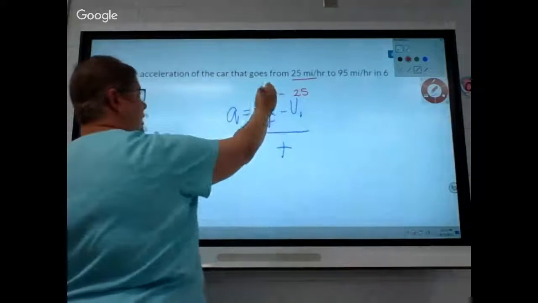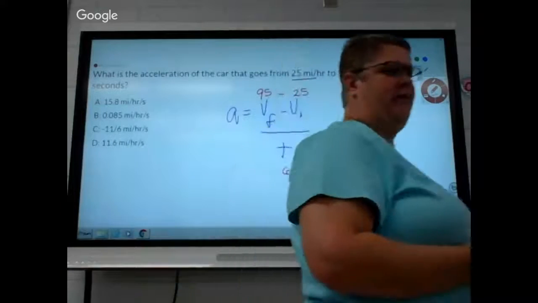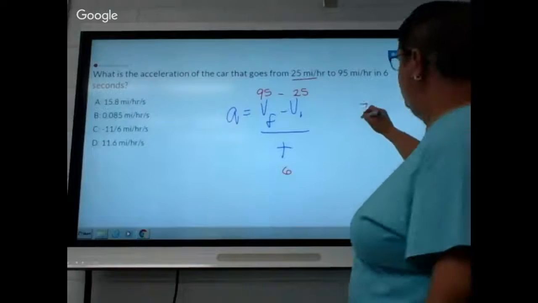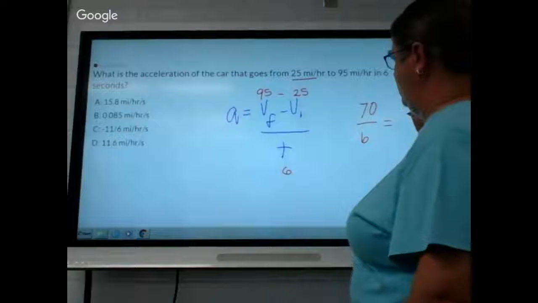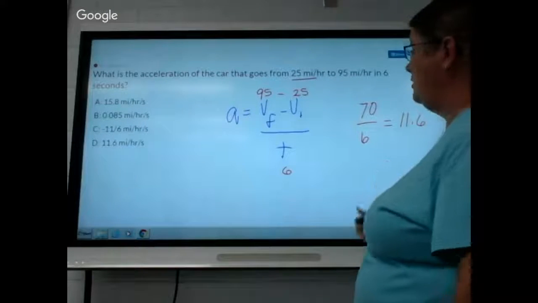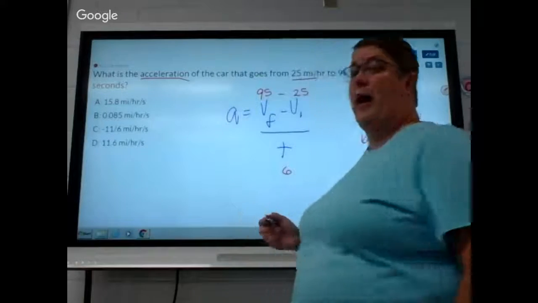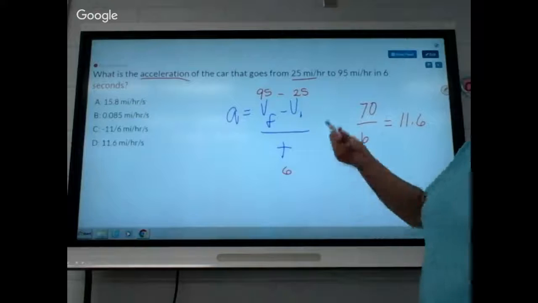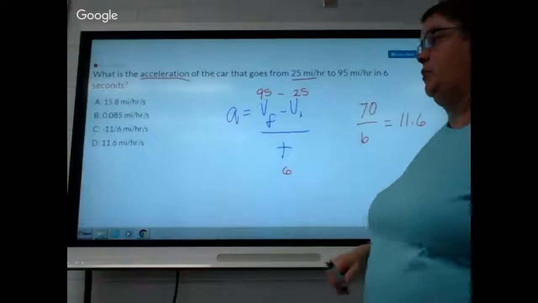Subtract. 95 minus 25 is 70. 70 divided by 6 is 11.6. Because it said acceleration, it could be positive or negative, but because we go up in number, it's going to be a positive number, so it's D.